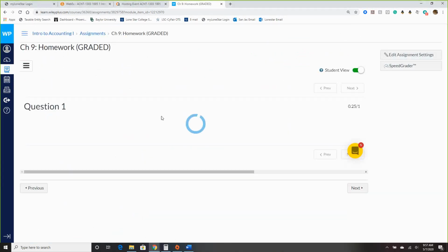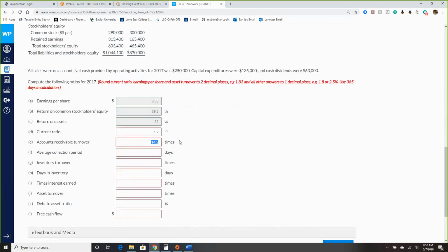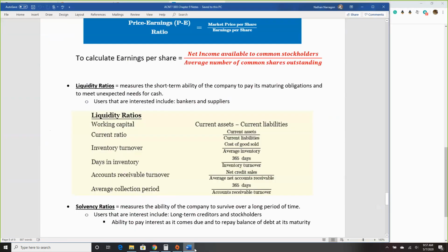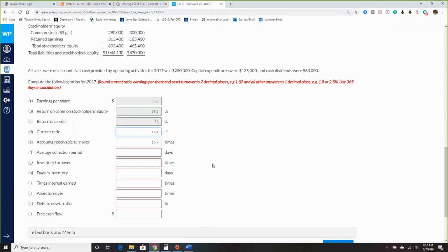Sometimes reading is the best thing. And that one is 1.84. But as you can see, if you don't read, sometimes you get caught.